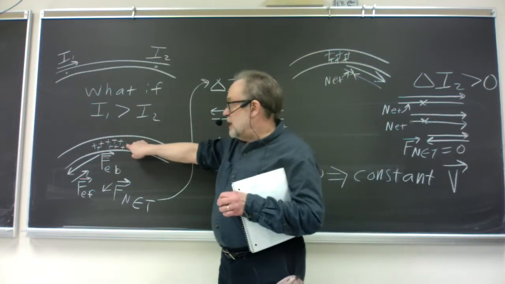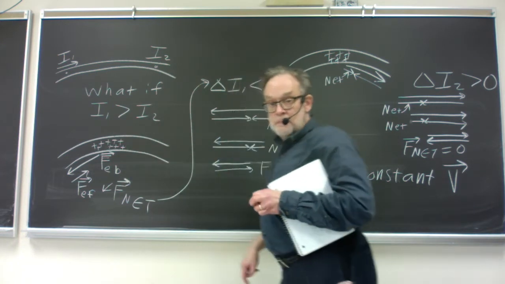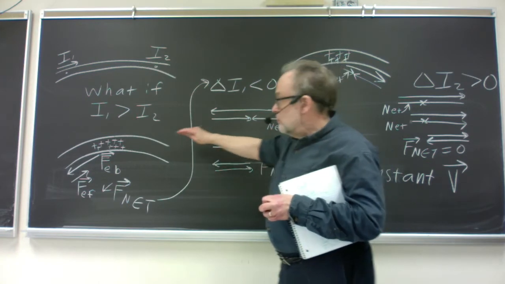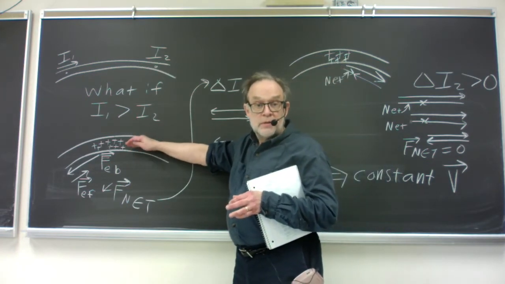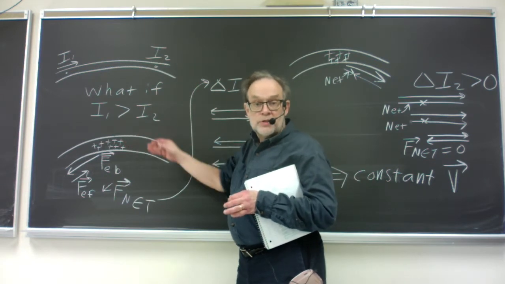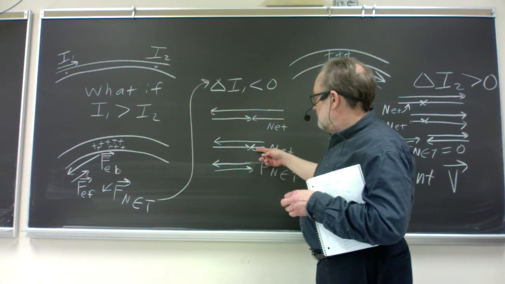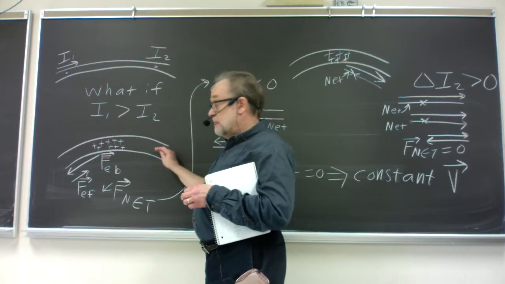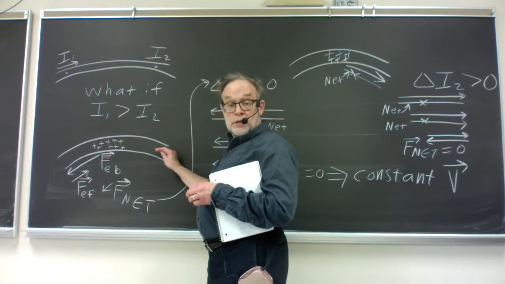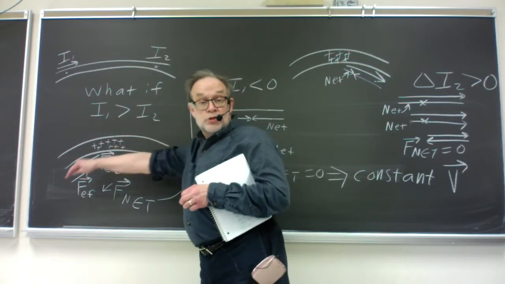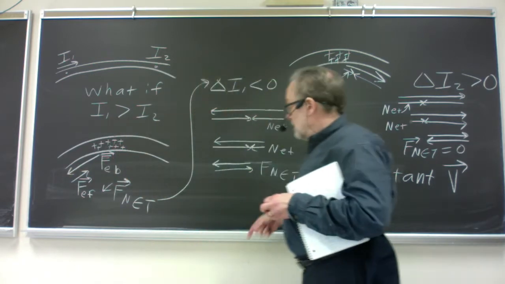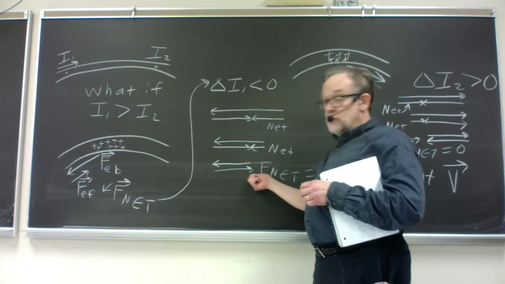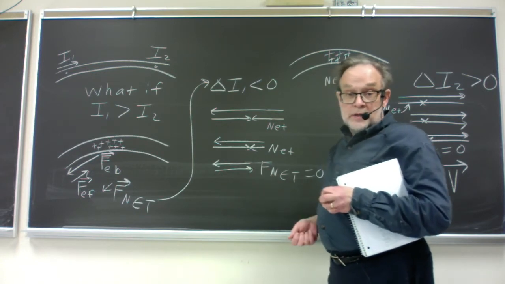But with charge emptying out of this region, the backwards push, the repulsive force from all of that extra charge, is decreasing because the amount of extra charge in here is decreasing. So there's still a net force backwards, but it's getting smaller. And then eventually, as more charge flows out, the backwards push from this extra charge gets smaller and smaller until finally it's decreased so that it's now the same size as the forward force caused by the electric field.